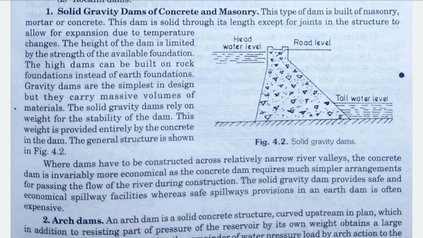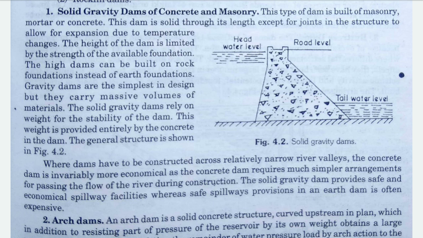The dam is solid through its length except for the joints, where there is a structure to allow for expansion due to temperature changes. If there are temperature changes, some space is required for expansion.